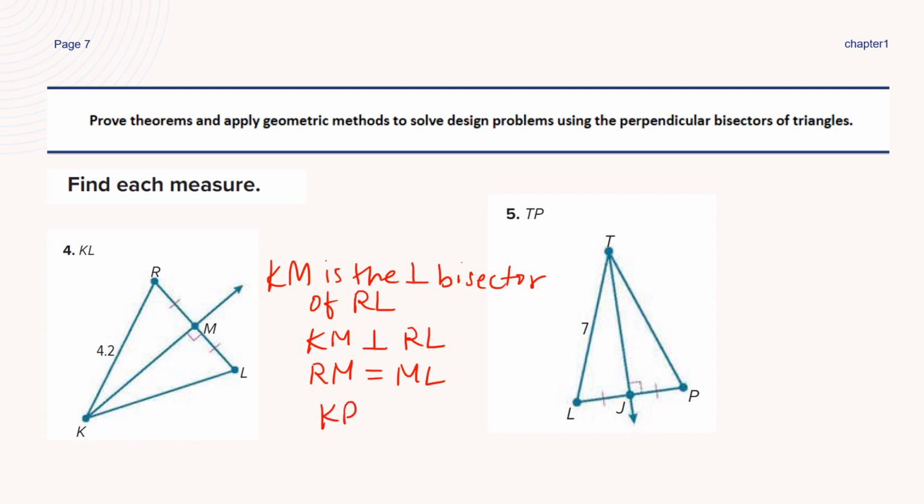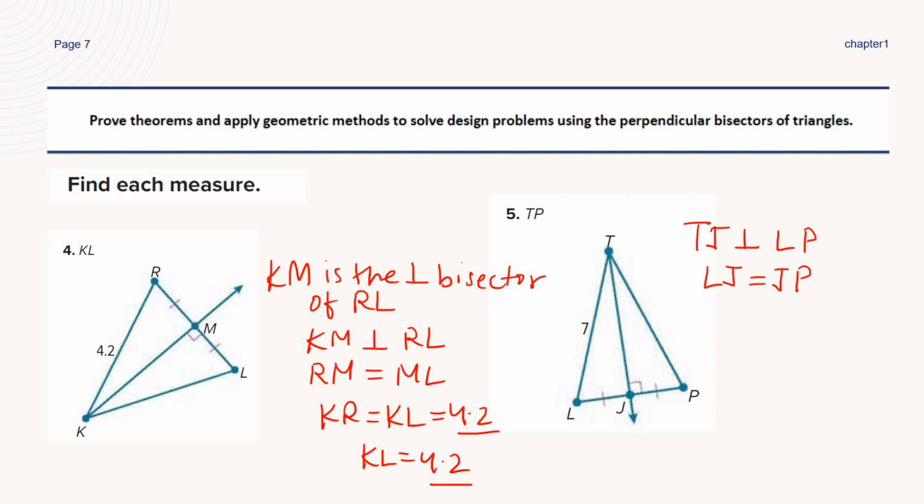So KR is equal to KL is equal to 4.2. So KL is 4.2. Similarly, if you apply the theorem here, TJ is perpendicular bisector to LP. LJ is equal to JP. So by the theorem, TL is equal to TP. Both are equal to 7.